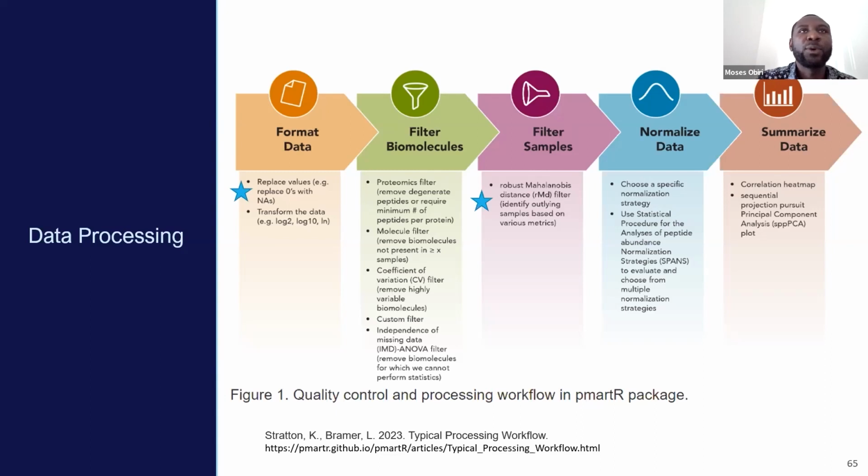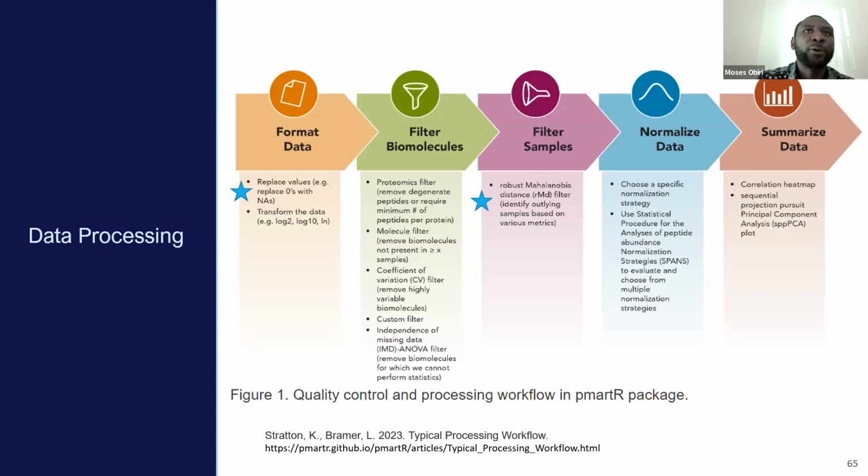There are methods to also normalize the data set, where you choose a specific normalization strategy. You can use the statistical procedure for the analysis of peptide abundance normalization strategies, SPANS, to evaluate and then choose from multiple normalization strategies to normalize your data set.